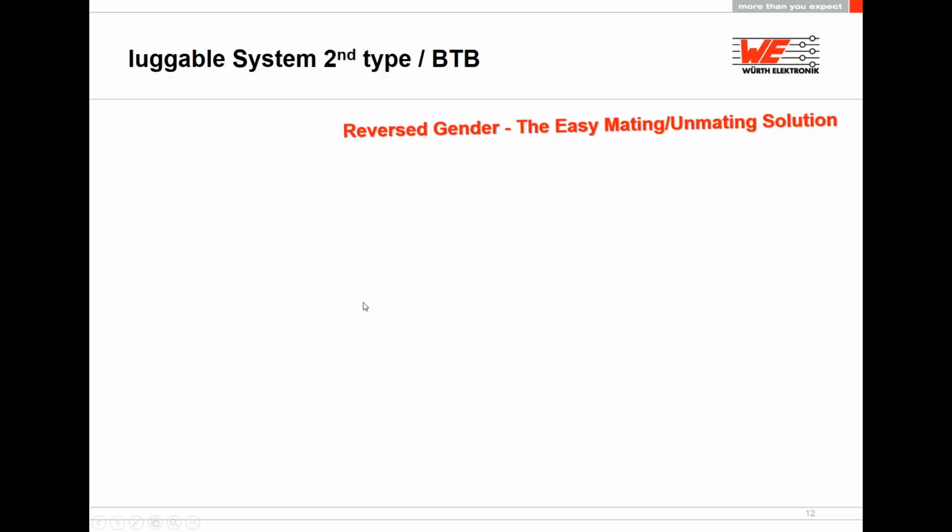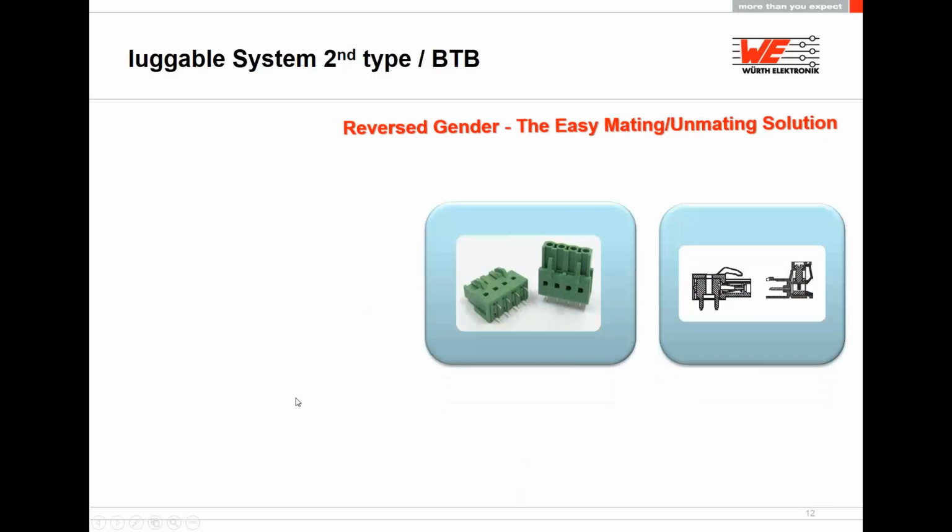Reverse gender. It works as a pluggable system. And in this picture, on the right side, ask yourself, where is the power coming from? Does the wire come off the other board, this one, or that one?